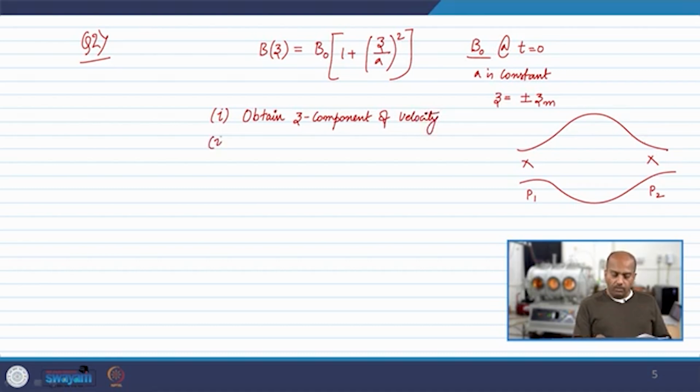Then we have to obtain an expression for the average force acting on the particle along the z axis.